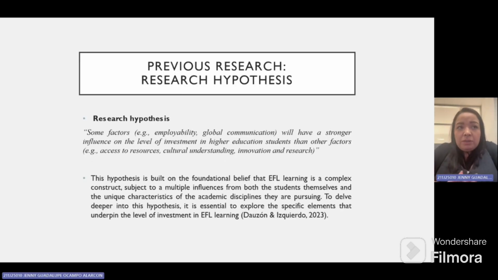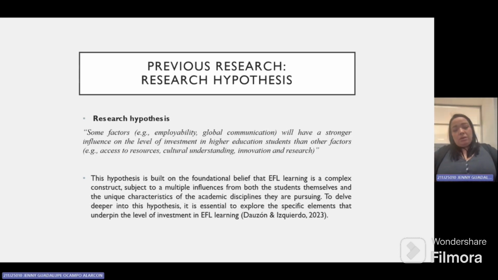The research hypothesis is that some factors, for example, employability and global communication, will have a stronger influence on the level of investment in higher education students than other factors, for example, access to resources, cultural understanding, innovation, and research.